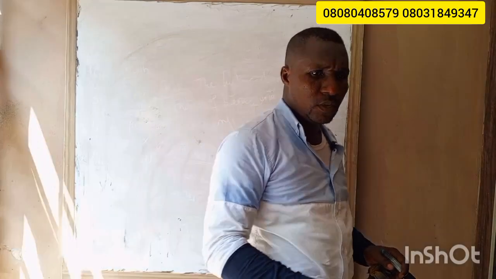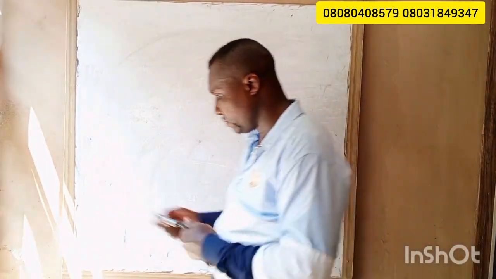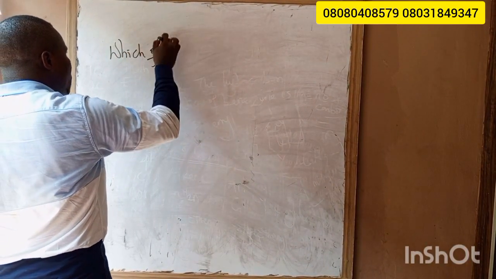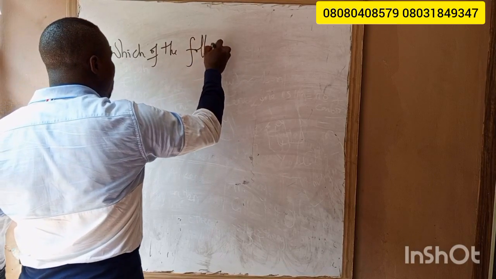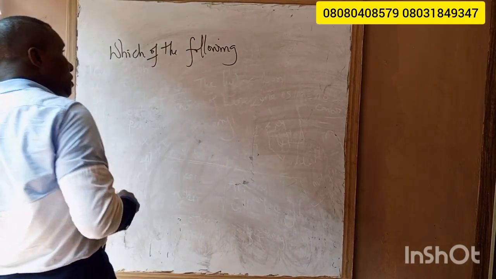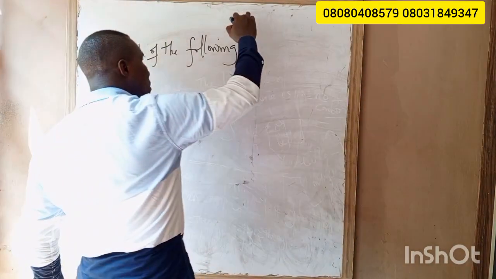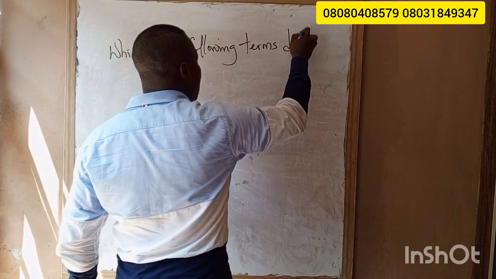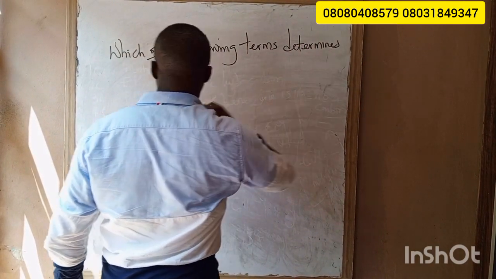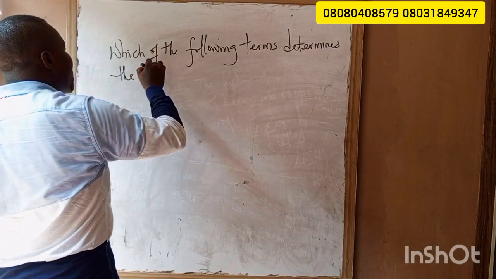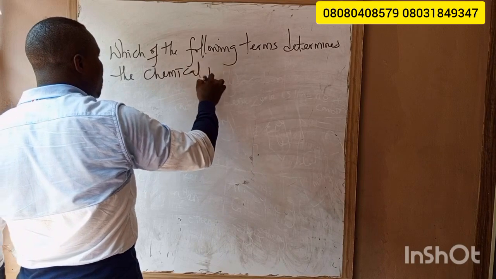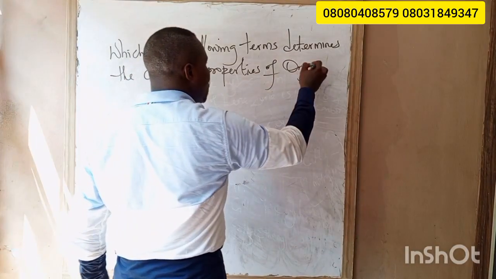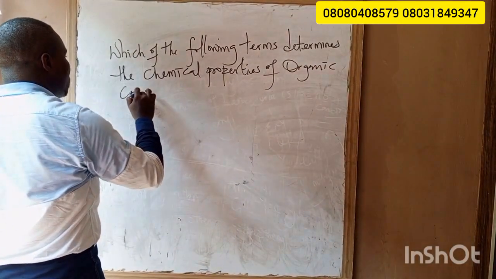What is a functional group? Is it in JAMB? Which of the following terms determines the chemical properties of organic compounds?